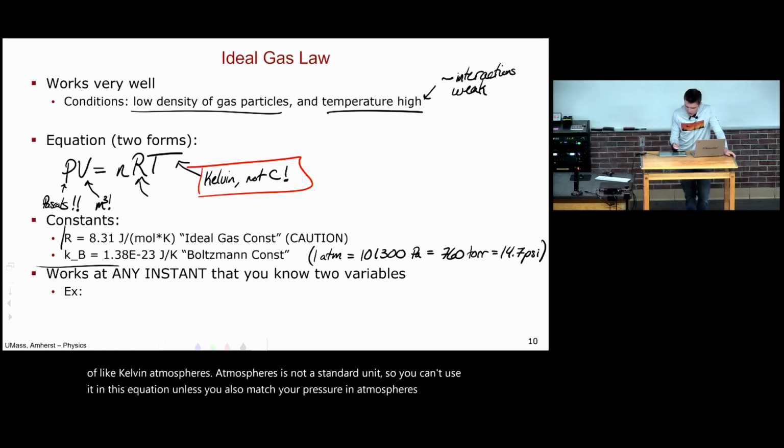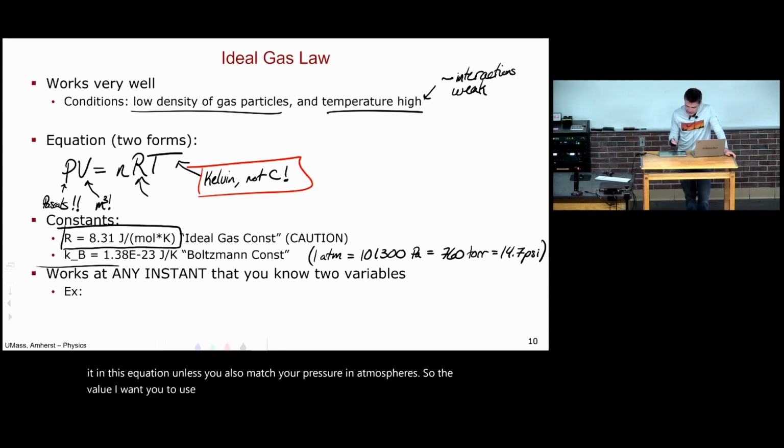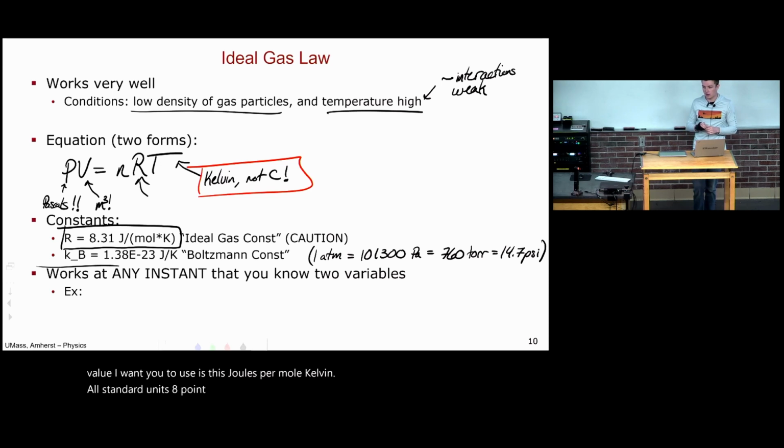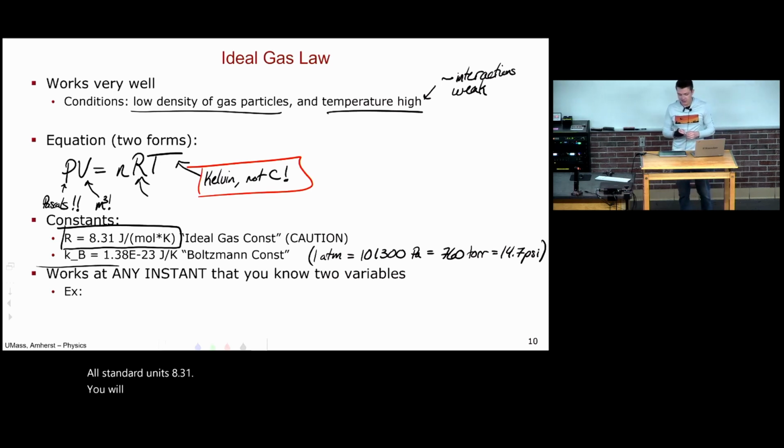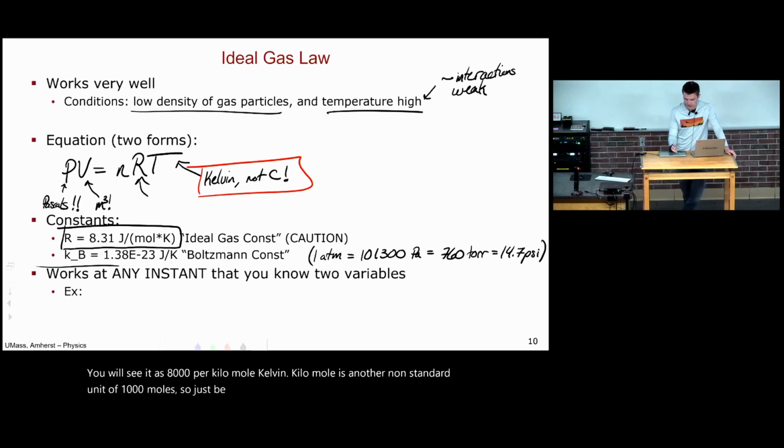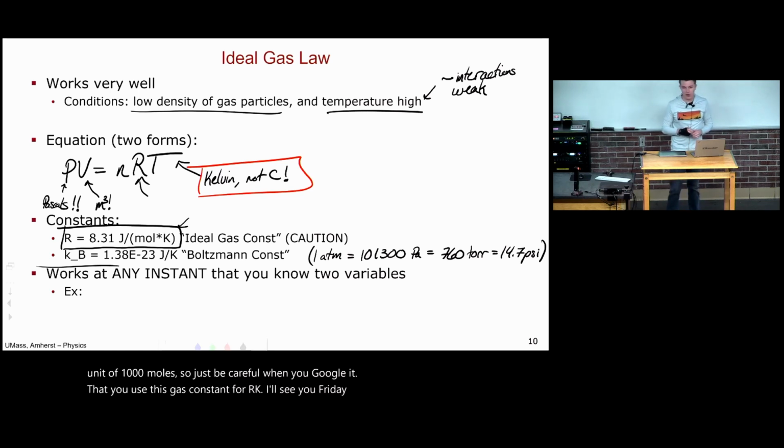So the value I want you to use is this, joules per mole Kelvin, all standard units, 8.31. You will see it as 8,000 per kilomole Kelvin. Kilomole is another non-standard unit of 1,000 moles, so just be careful when you Google it that you use this gas constant for R. Okay, I'll see you Friday, and we'll wrap up the ideal gas law.